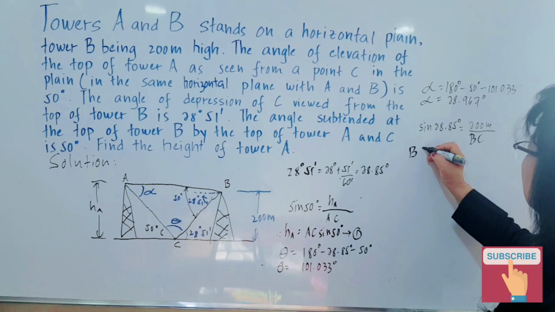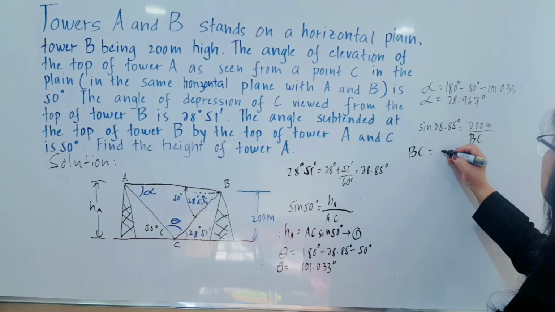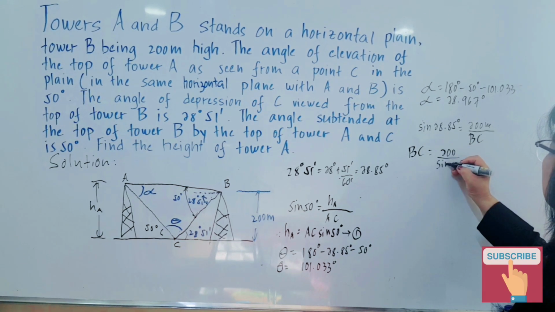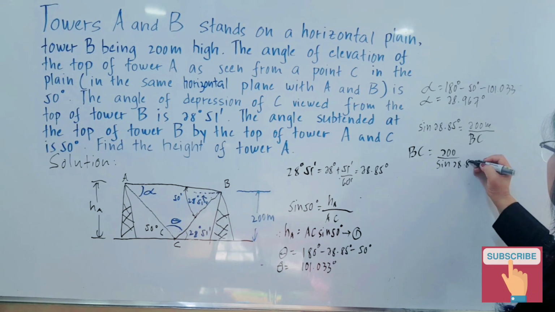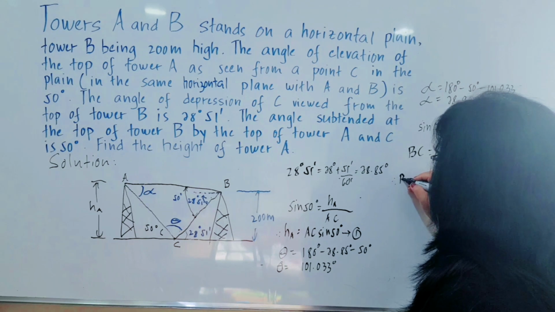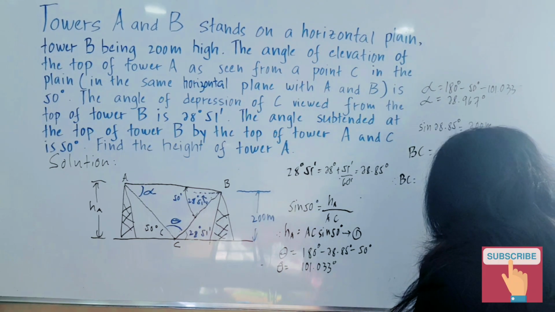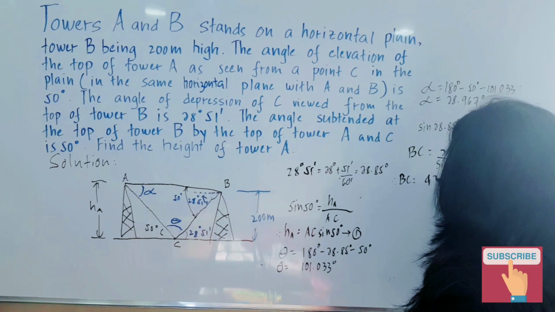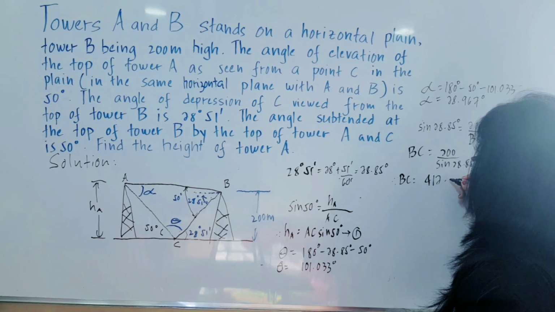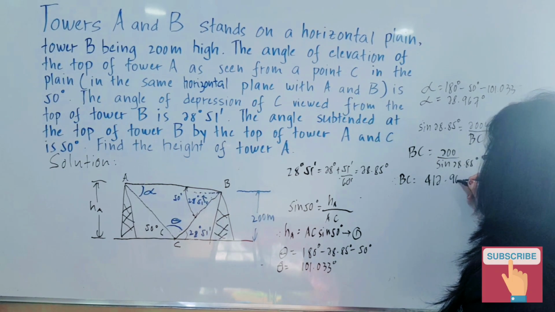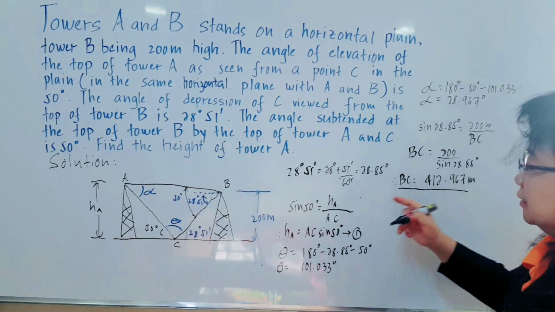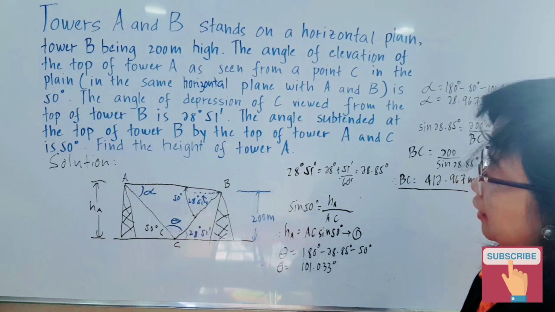BC therefore is equal to 200 divided by sine 28.85 degrees. Therefore, BC is equal to 412.967 meters. So, nahanap na natin ang BC. This is the side BC.